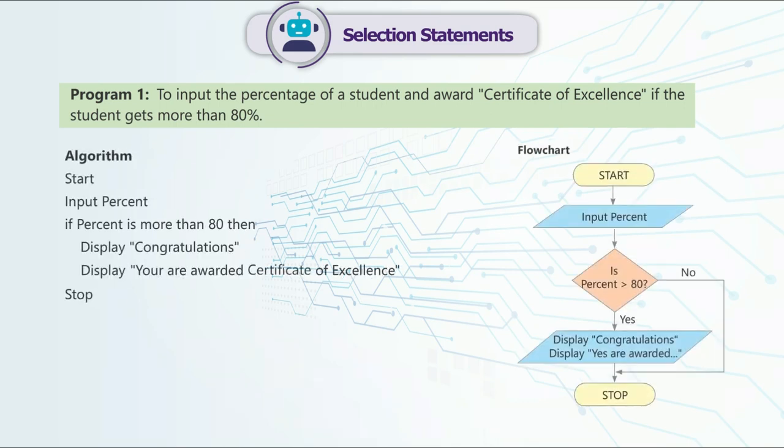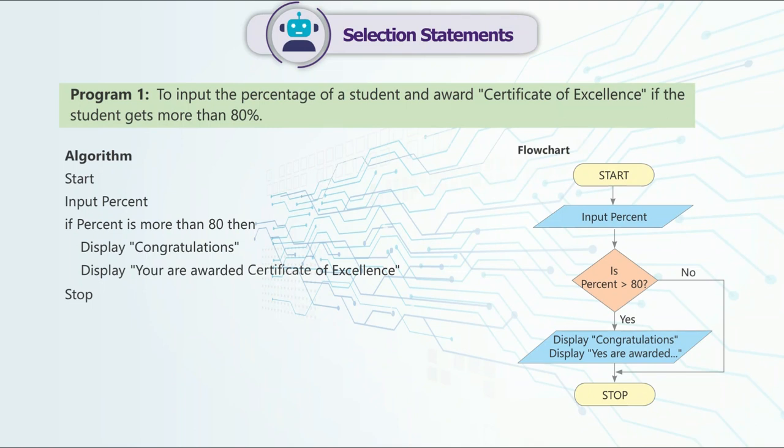Algorithm. Start. Input percent. If percent is more than 80, then display congratulations. Display you are awarded certificate of excellence. Stop. Flowchart. Start. Input percent. Is percent greater than 80? No: Stop.